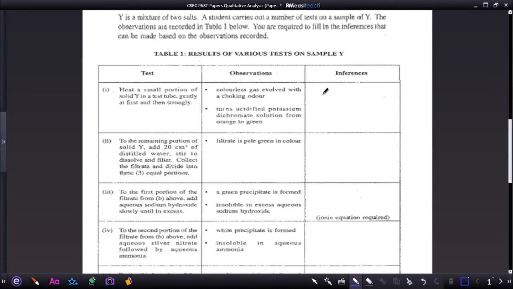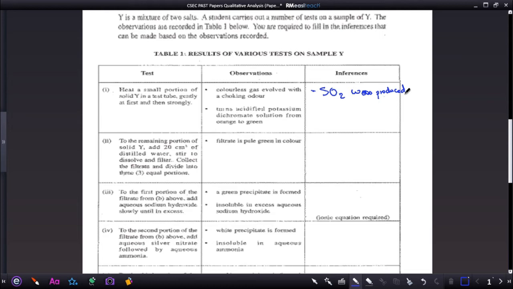This information tells me that sulfur dioxide was produced.